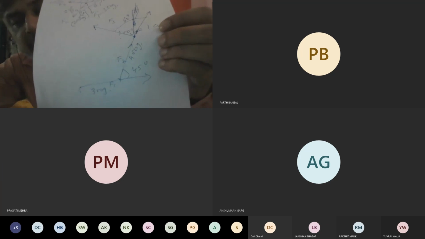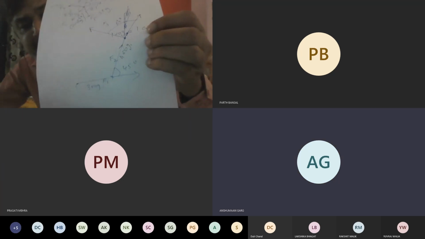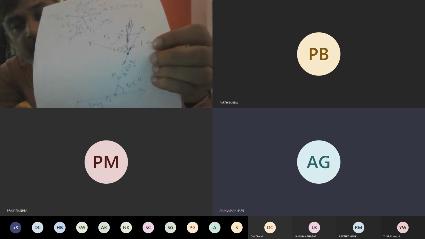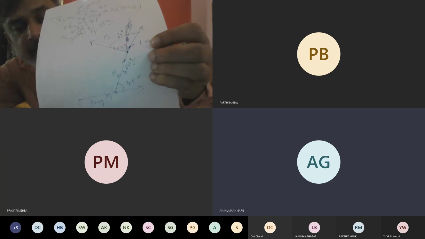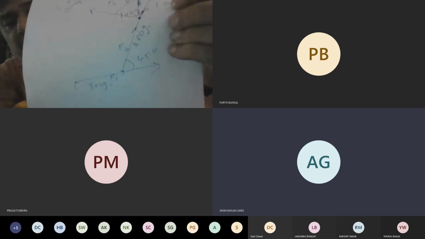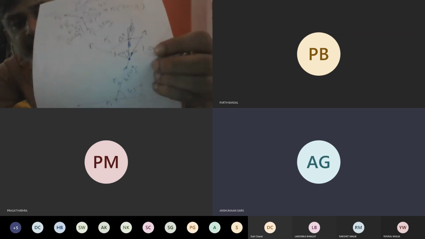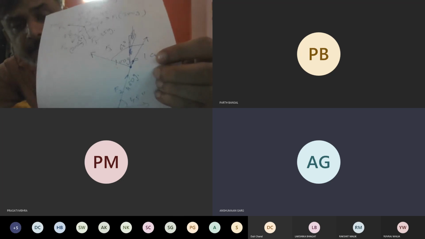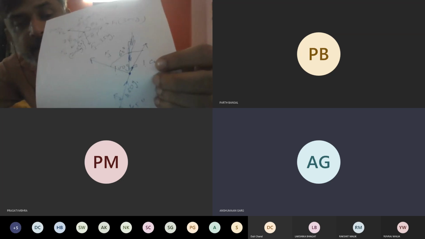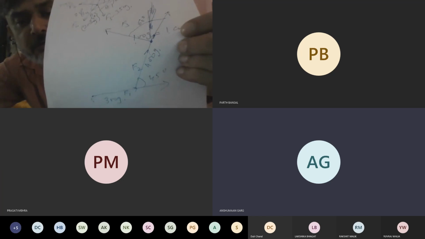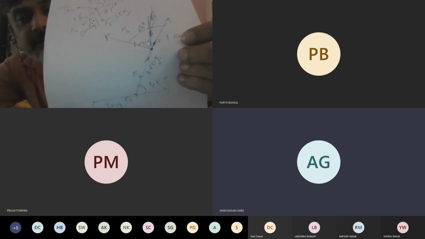You know that F1 is extended, and from F1, F2 is drawn; the angle between F2 and F1 is 45 degrees. Similarly, extend F2 and measure the value of F2 as 400 grams.